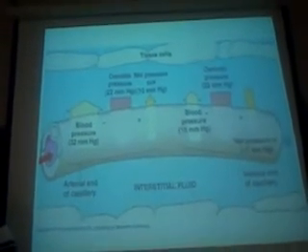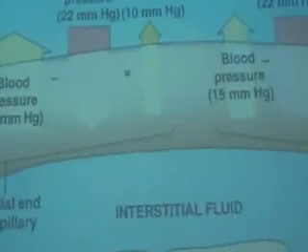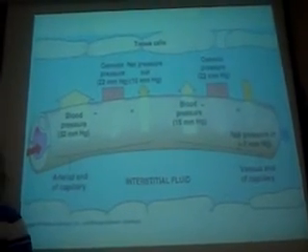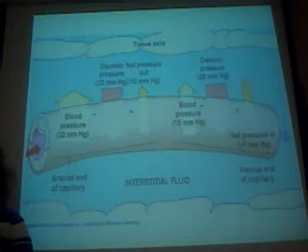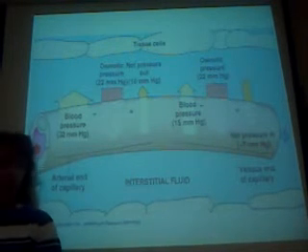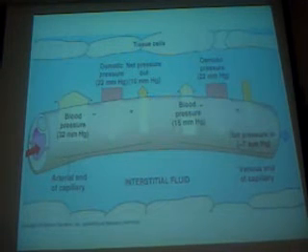Thankfully, there is a drop in that hydrostatic pressure because for number 2, the drop in that hydrostatic pressure is what allows for that fluid flow to return in to the venous end of the capillary. So fluid flow can come back into the venous end thanks to the drop in hydrostatic pressure.